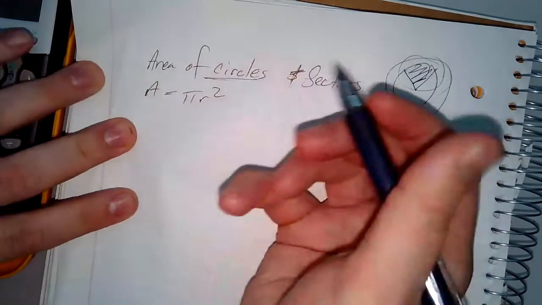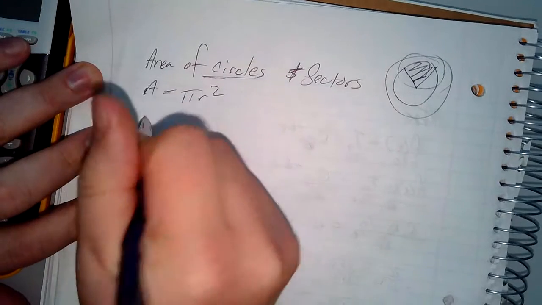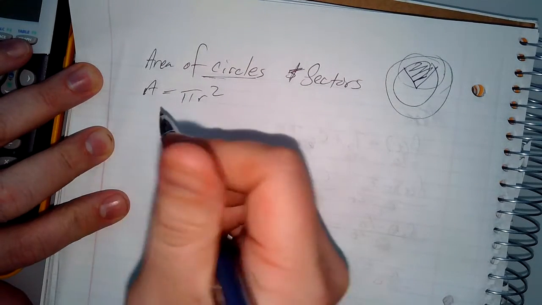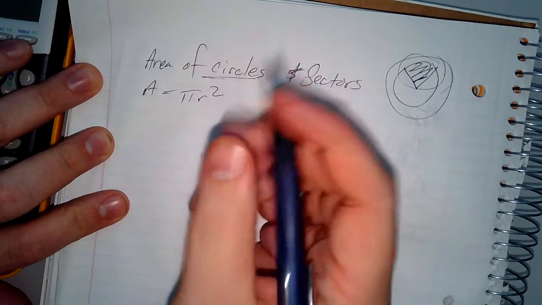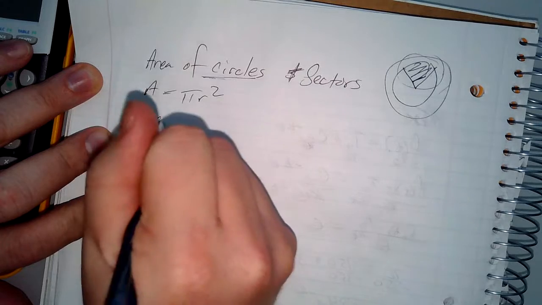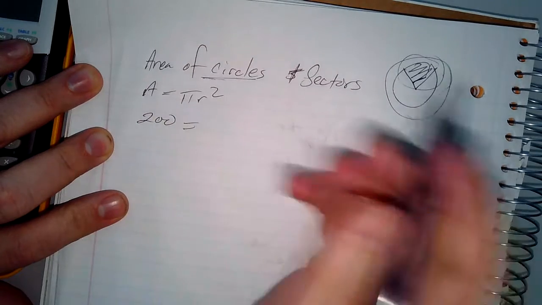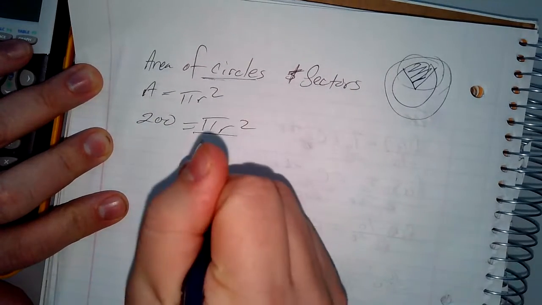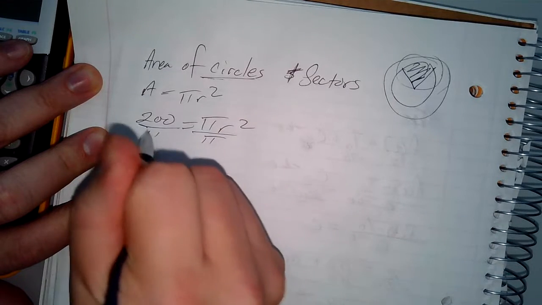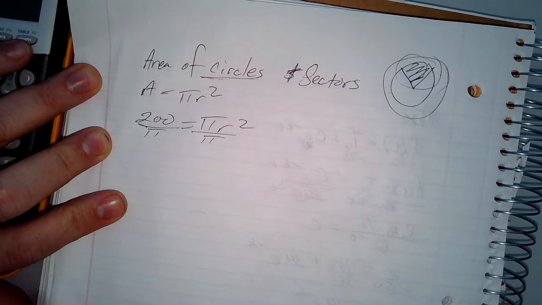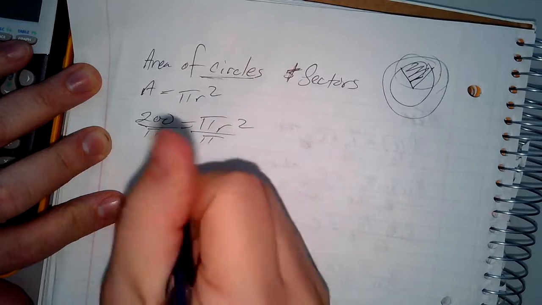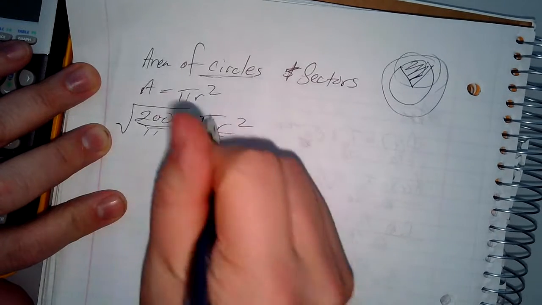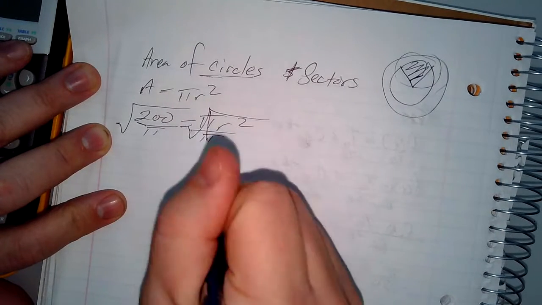If you've been given the area, let's say you have an area of 200 units, whatever the units are, and you need to find the radius. You're just going to divide both sides by pi. And here we're going to have to use 3.14 or round to the nearest hundredth or thousandth or whatever is required, and then take the square root of both sides to find r.